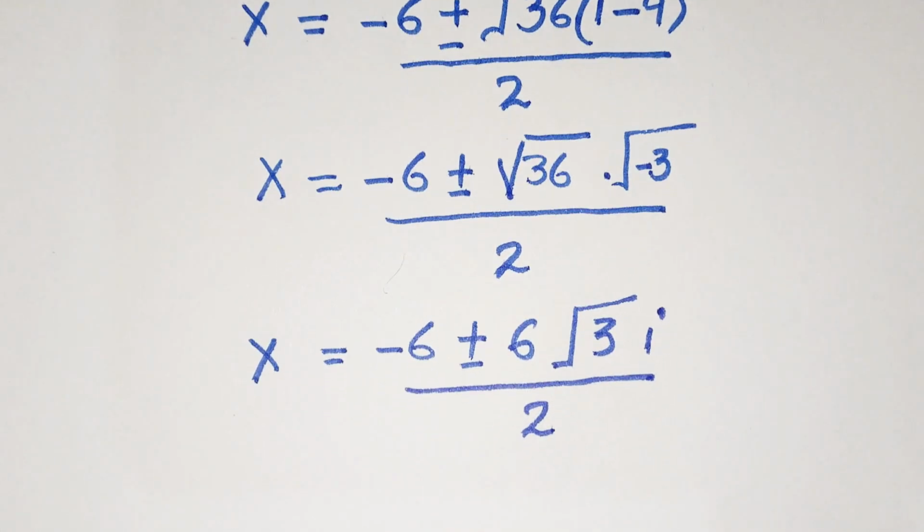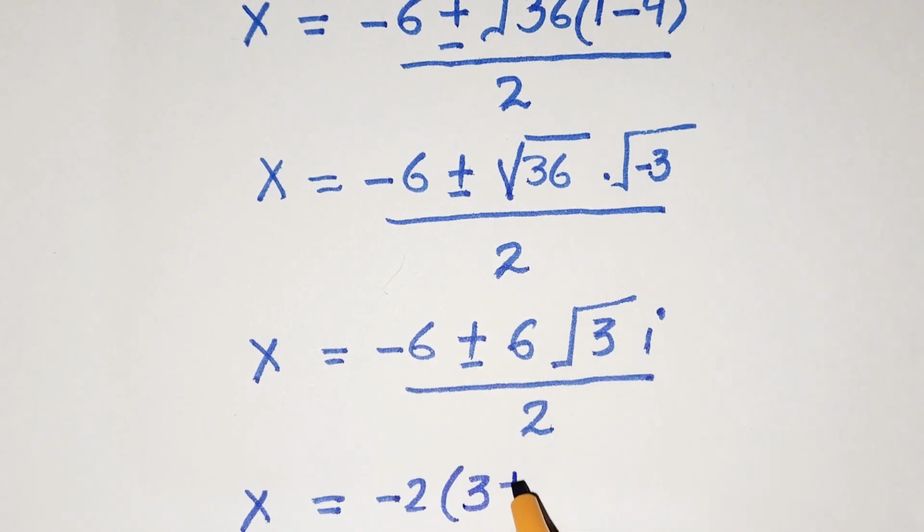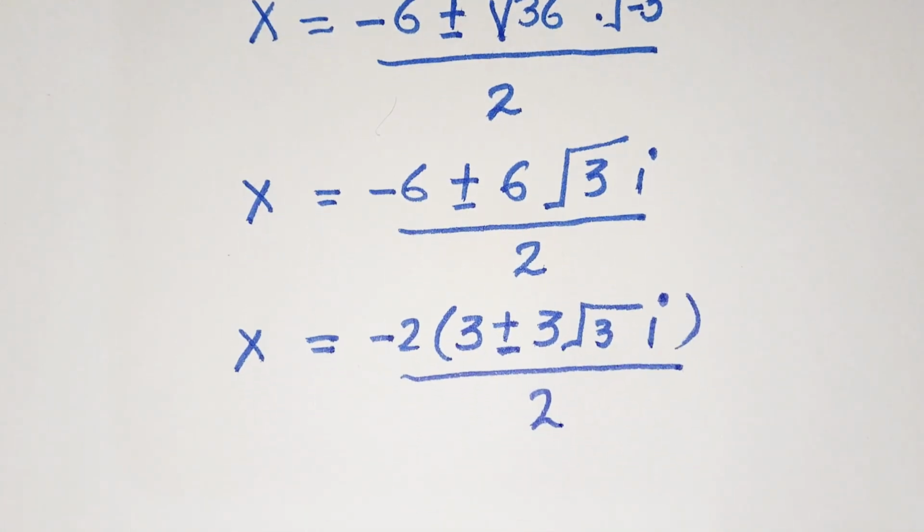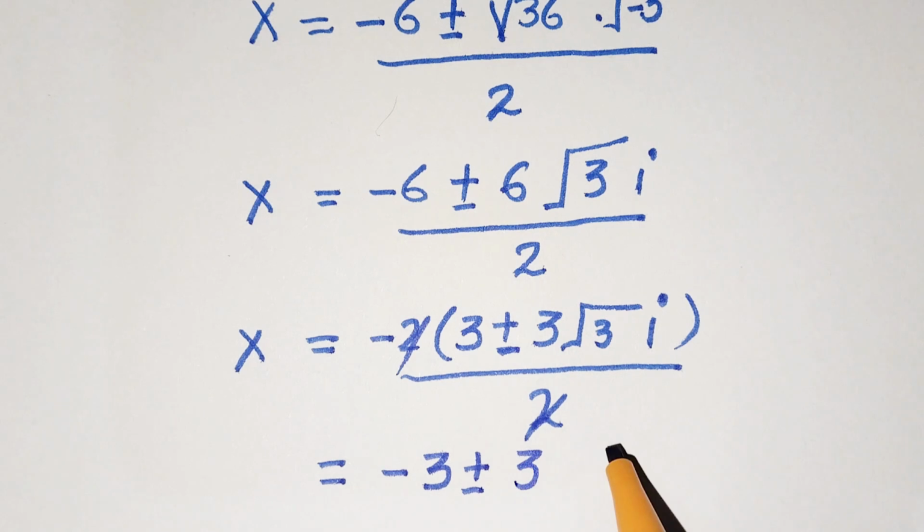Now taking 2 common, we get minus 3 plus minus 3 square root of 3i divided by 2. So cancelling 2 with 2, we get x is equal to minus 3 plus minus 3 square root of 3i.